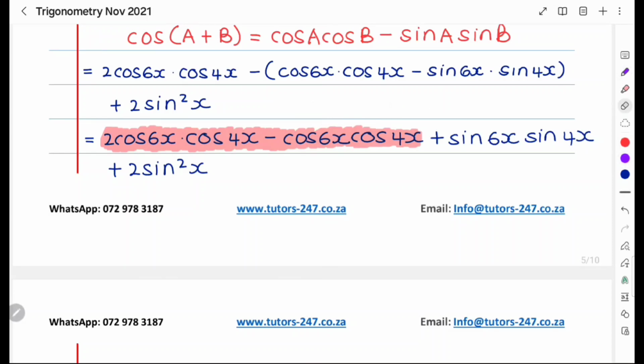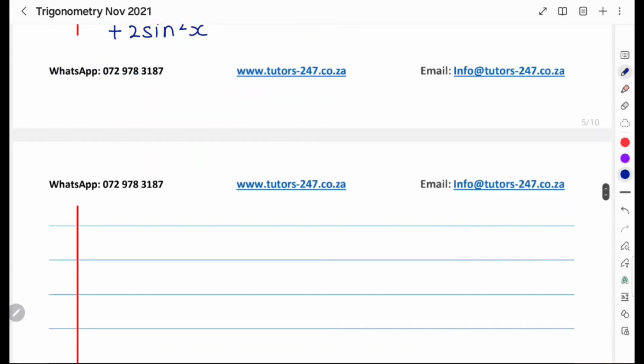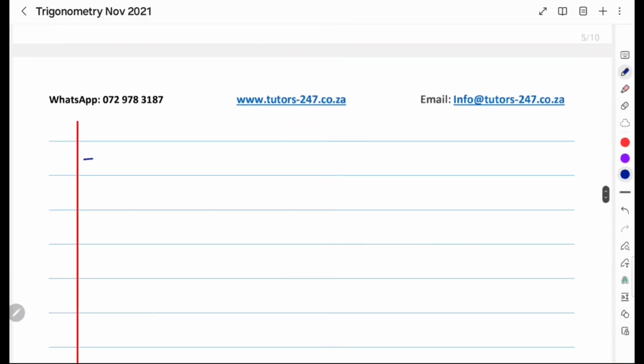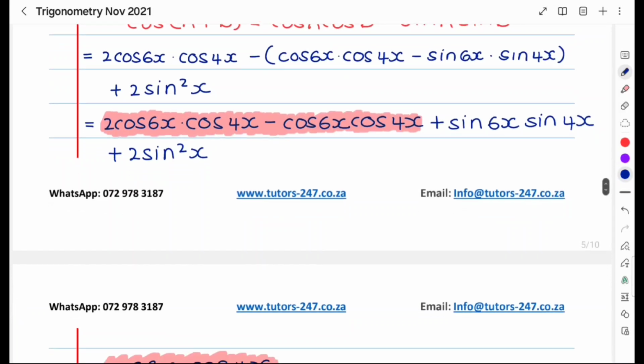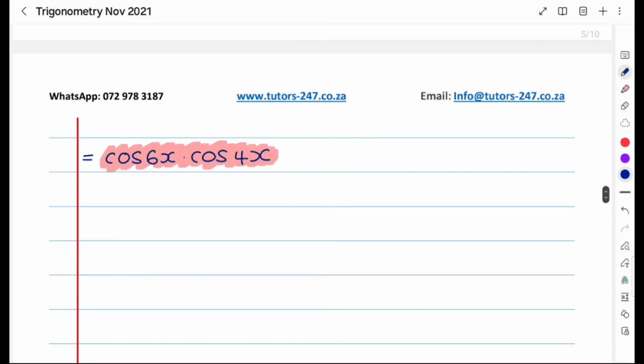So that is going to end up giving us just cos 6x cos 4x. Then we bring down plus sine 6x sine 4x plus 2 sine squared x.